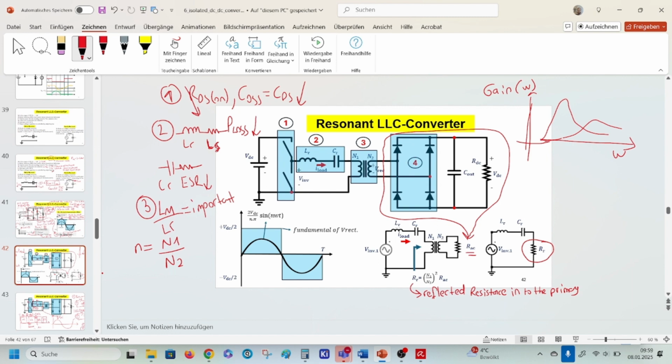And the last but not the least, the fourth power stage, rectifier.